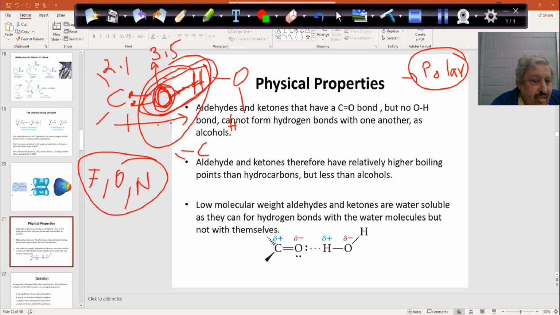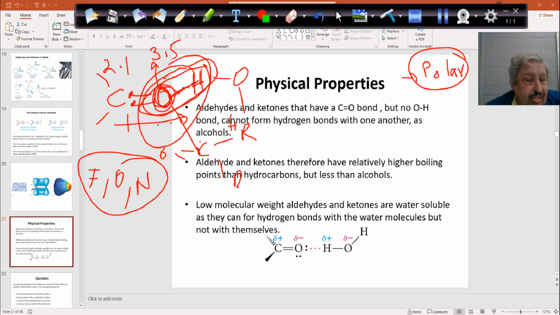So this is oxygen and then R, whatever. They can't make it. You have to have the second one. The second molecule has to have a free hydrogen, and H2O has a free hydrogen. It can be bound to one of those three atoms to make a hydrogen bond.